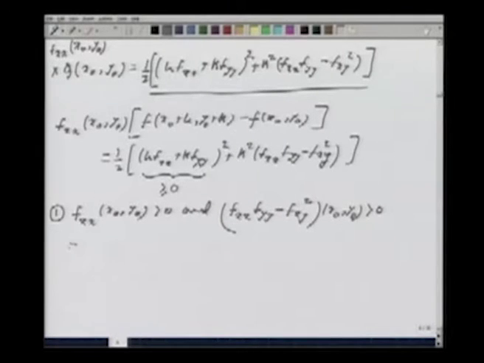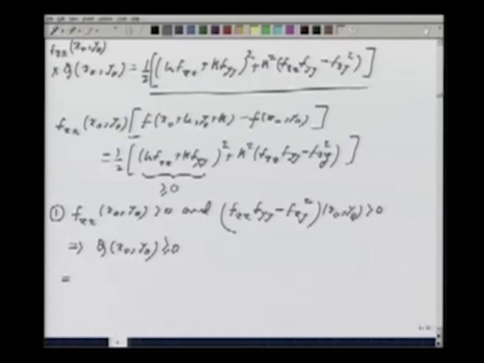So this would then imply that q of x naught y naught is bigger than or equal to 0, because q of x naught y naught gives me just this whole square quantity plus k square times the object. So this whole quantity then is bigger than or equal to 0.